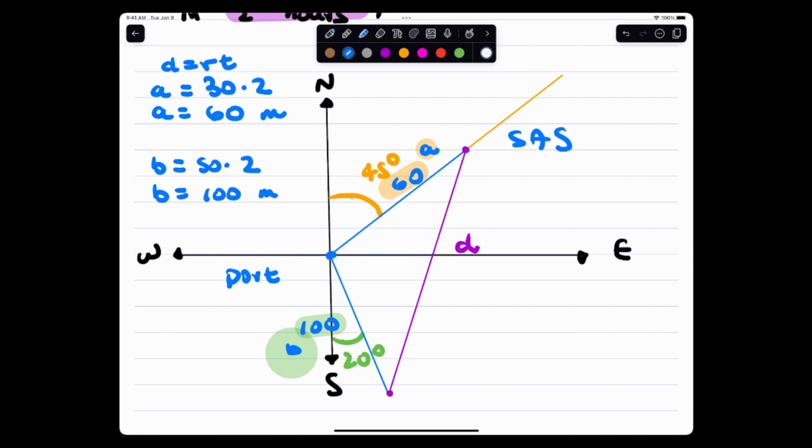I have side, angle, side? No, I don't. Do I have an angle between two sides? Well, I have to find out what that angle is. The angle's right there. How do I get that angle? Does anybody know? How do you get that angle?